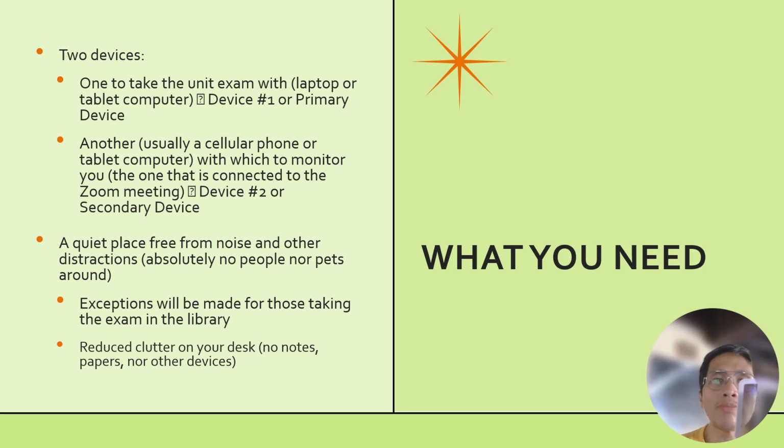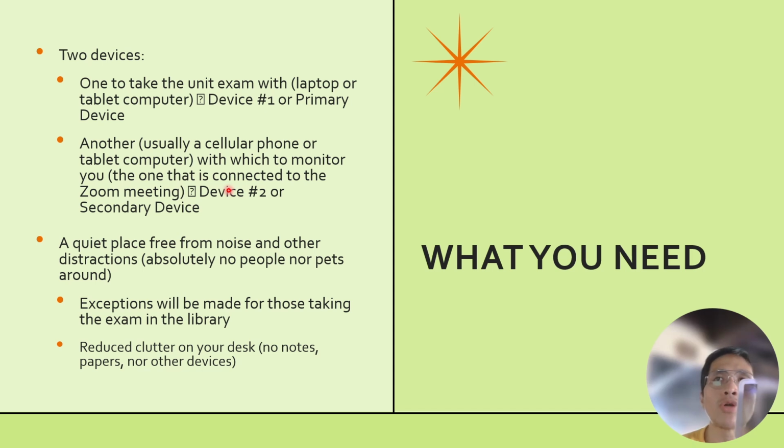Most faculty members, including yours truly, prefer that you take your unit exam with a laptop or tablet computer. In fact, if I see you taking it with a cellular phone or a mobile phone, I will tell you to switch devices immediately.